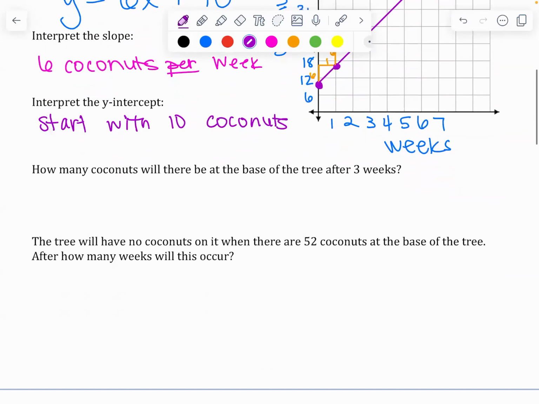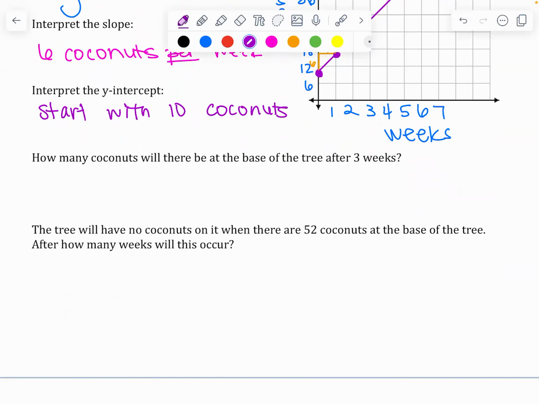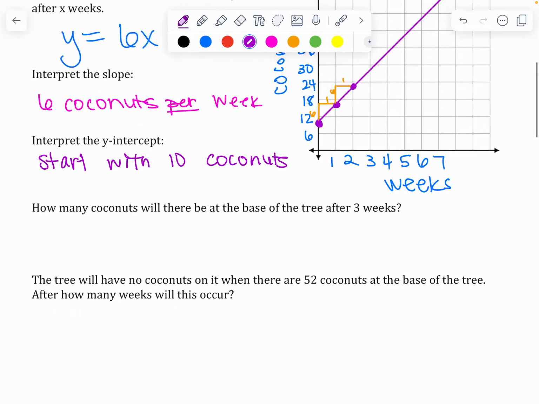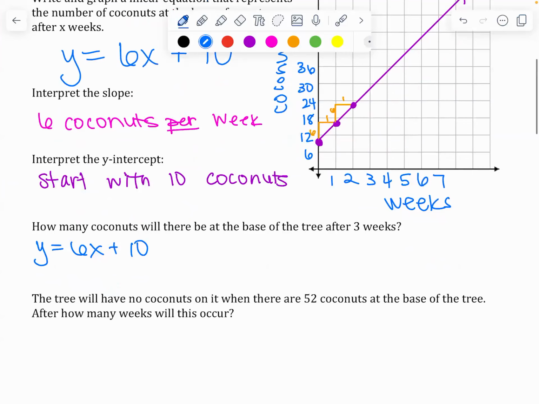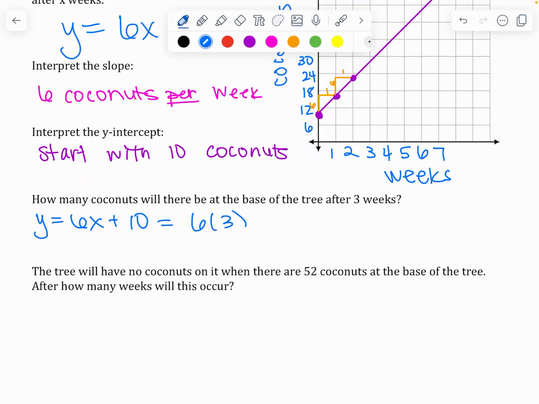All right. Now, what if I asked you, hey, how many coconuts will there be at the base of the tree after 3 weeks? Well, I can go, hey, here's 3 weeks. It looks like maybe 28-ish, but let's maybe do the math. So you're saying that 3 weeks means I'm gonna take 6 times 3 and then add 10 to it?